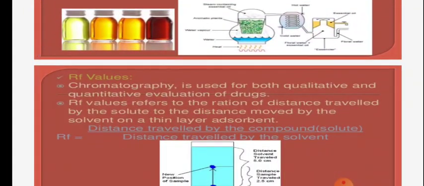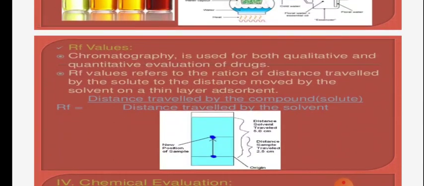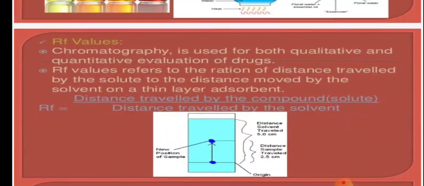Then Rf value. By chromatographic technique, it is used for the qualitative and quantitative evaluation of the drug. The Rf value is the ratio of the distance traveled by the solute to the distance moved by the solvent on a thin layer adsorbent.